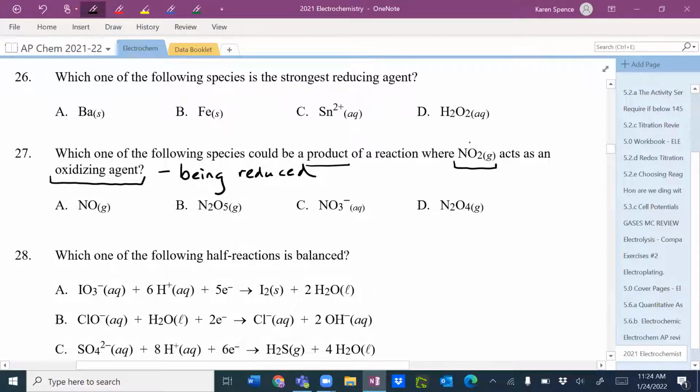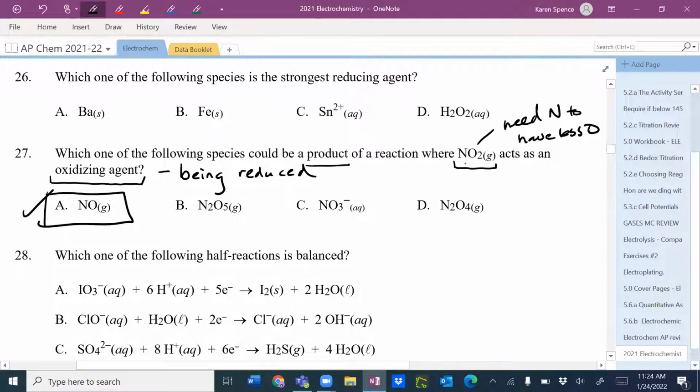So we need N to have less oxygens, because if it had more oxygens, it would be getting oxidized. And that means that A is the correct answer, because it's only got 1 oxygen for every 1 N, whereas NO2 has 2 oxygen for every 1 N.